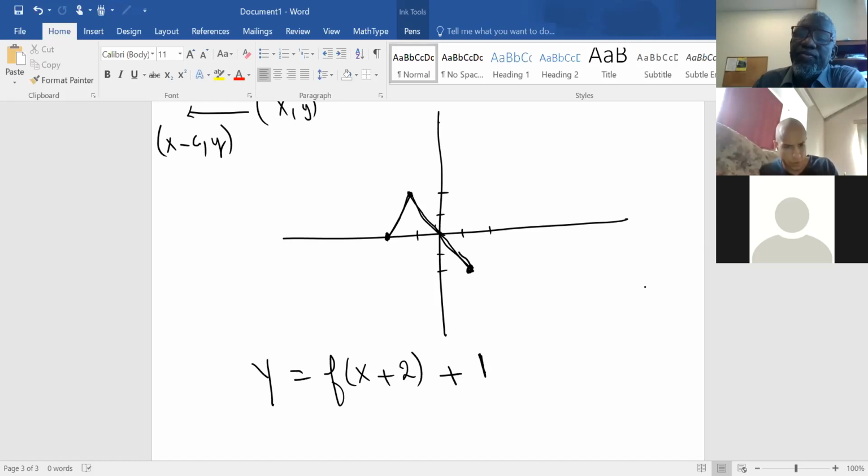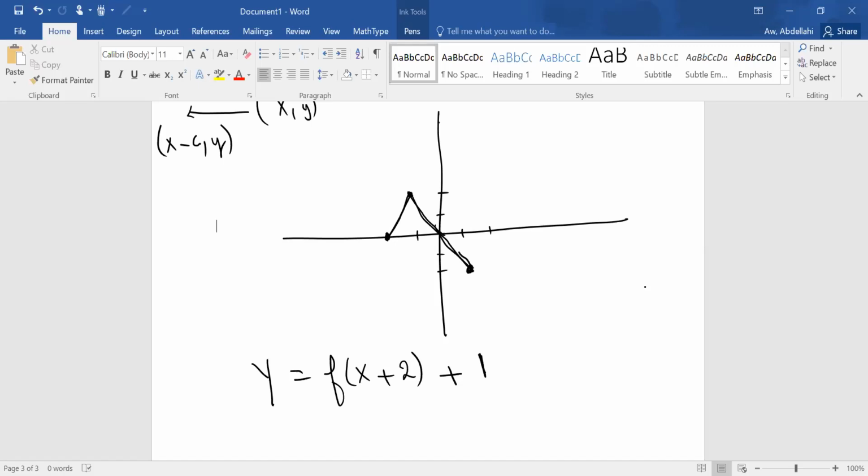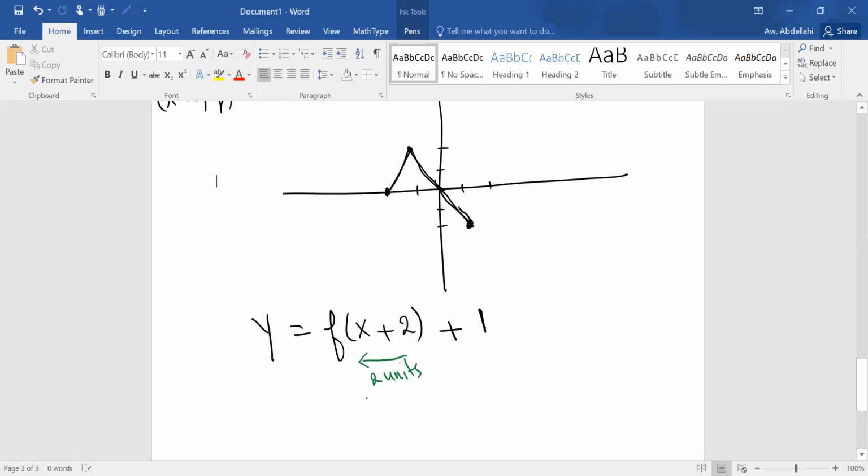Shift to the left 2 units, right? When I see this, I have to go left 2 units. When I see the plus 1 outside, how do I go?